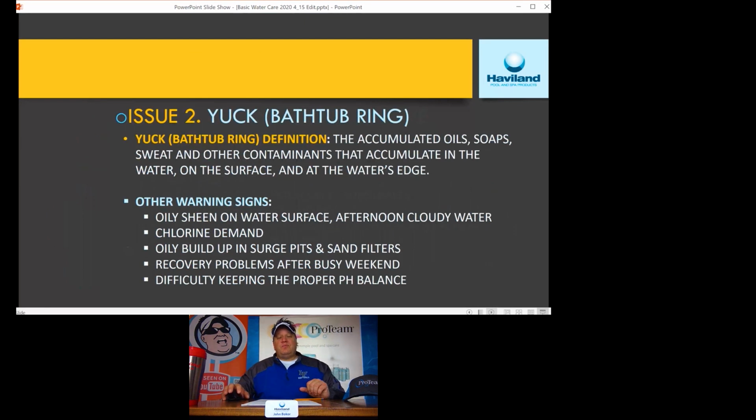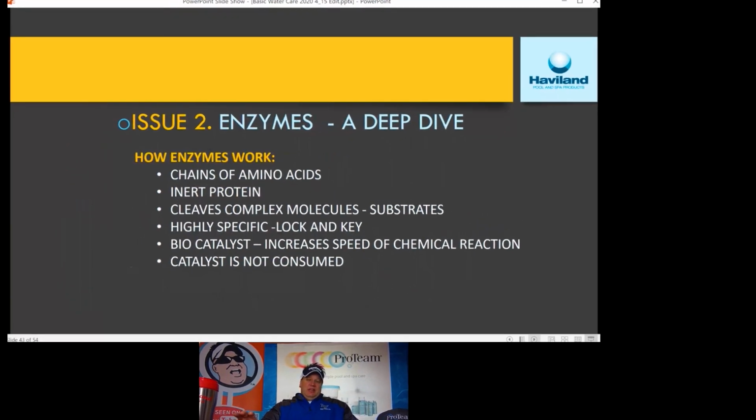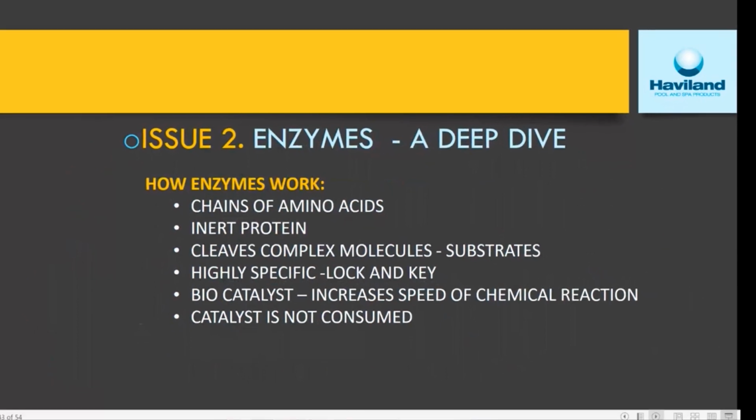And so what we can do is use something called enzymes. And enzymes actually can break down that yuck, okay, to allow our oxidizer to work much more efficiently, okay? These enzymes are just chains of amino acids, and they're just looking for this specific shape, and they lock on the shape, and then they chomp on it for a little bit, and then they spit it back out.